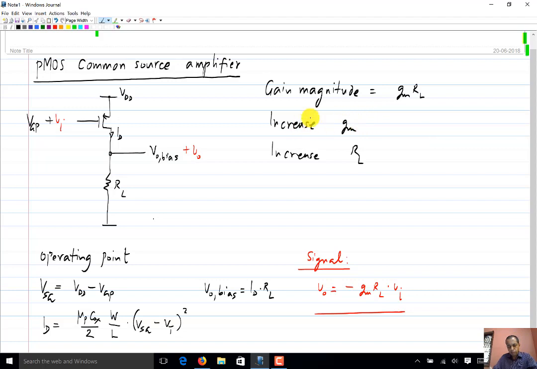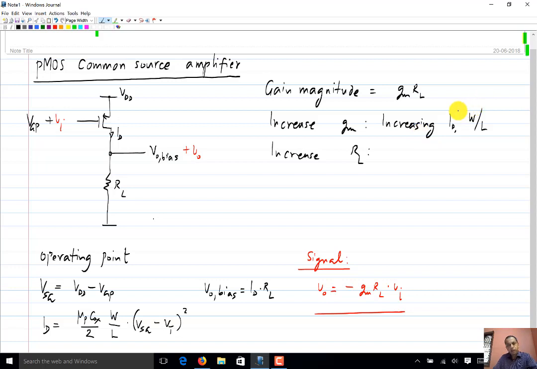We can increase GM by increasing the bias current ID or increasing the aspect ratio W by L of the MOS transistor, or we can increase RL. Now, neither of these things comes for free.